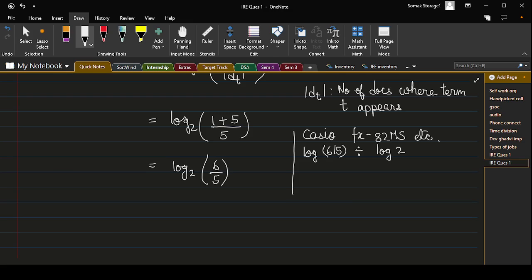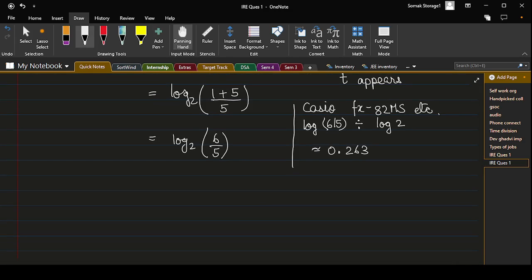Okay, so if we see, the value is coming approximately about 0.263, let me check if I'm not wrong. Log of 6 divided by 5 and divided by log 2. So this is coming like 0.263, right?